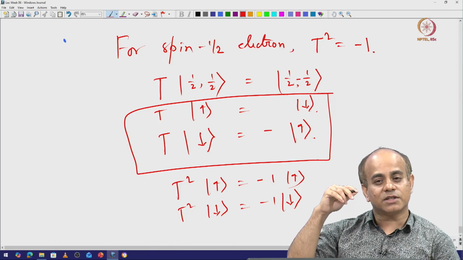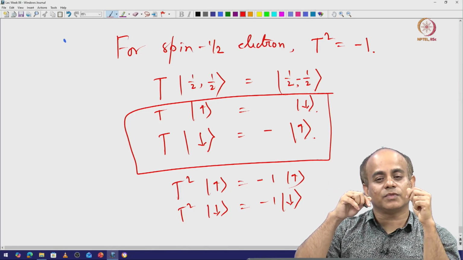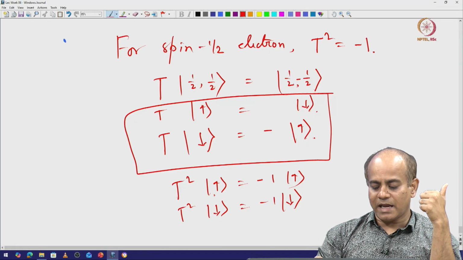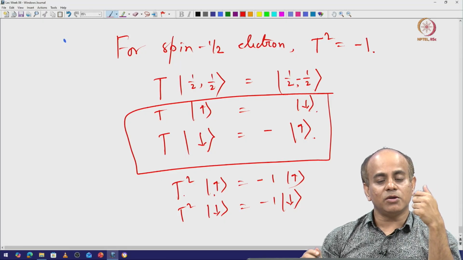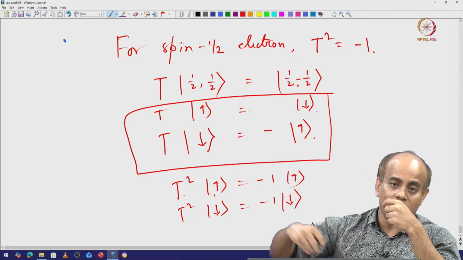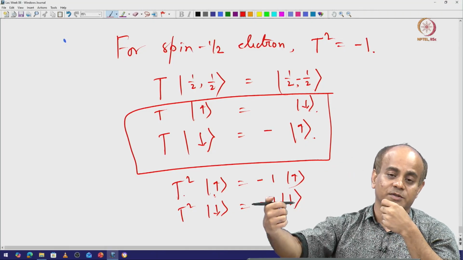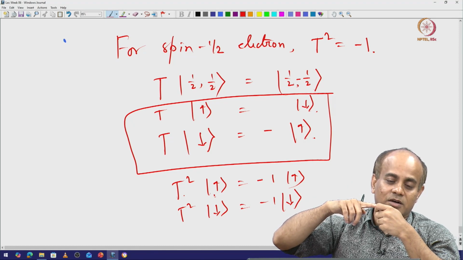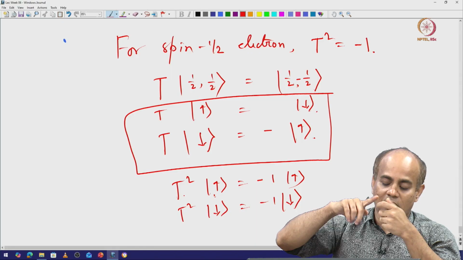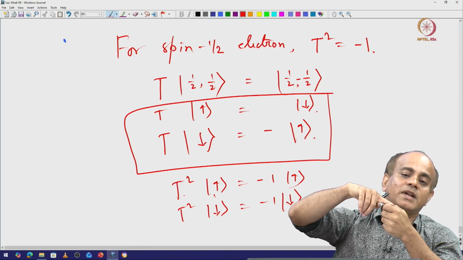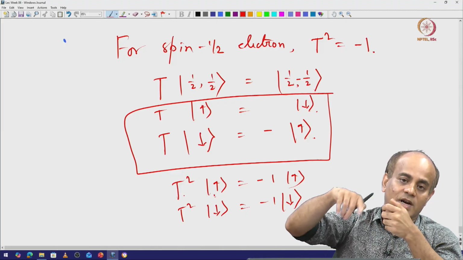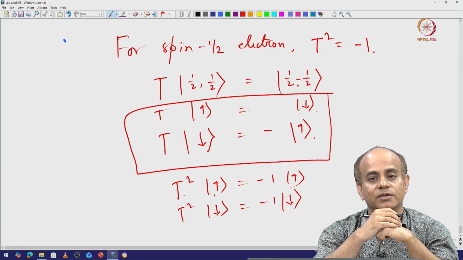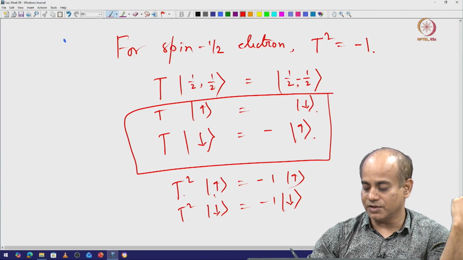So, it is like you started with an up spin, and by applying the time reversal operator twice, you actually have wrapped that up spin around a down spin, because at some point it went to a down spin and then again it came back to an up spin, right. So, it is like you have rotated that up spin around another electron. And from exclusion statistics, we are supposed to get a phase of pi, and that is consistent with this.